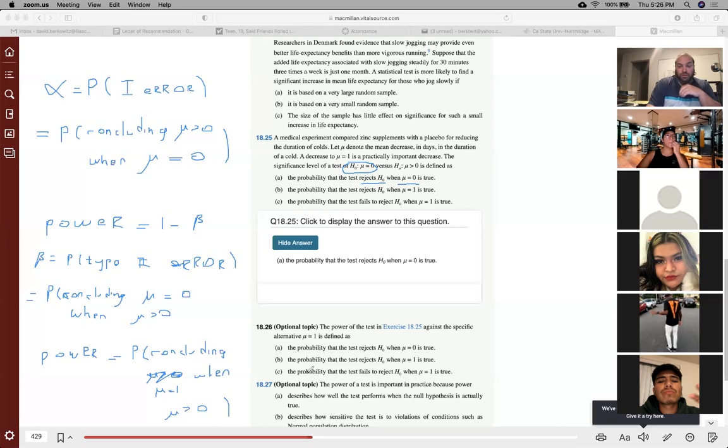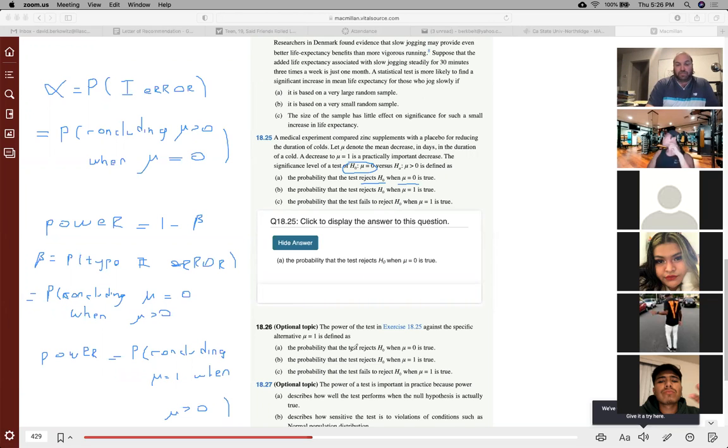So the probability that the test fails to reject the null hypothesis. Let me fix this. My handwriting is a little off, affecting the reading. The power is concluding that mu is equal to 1 when mu is greater than 0.